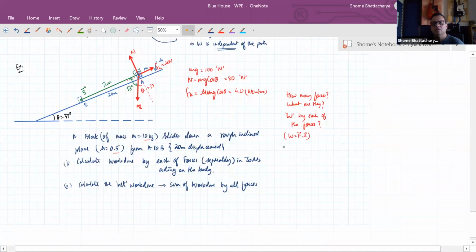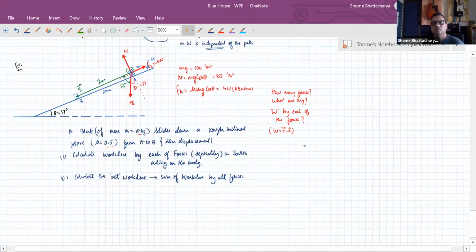So work done by gravity will be mgs cos 53. It is 100 into 20 into, sorry, 3 by 5, since cos 53 is 0.6 or 3 by 5. So positive 1200 joules.